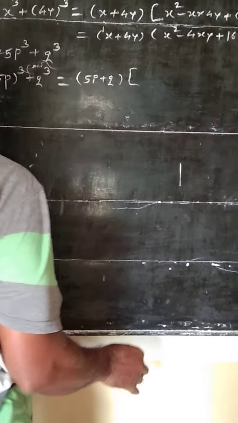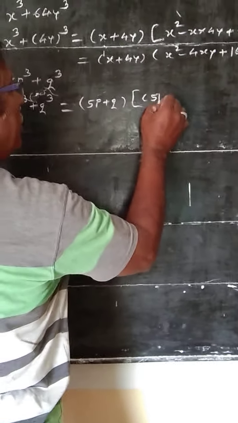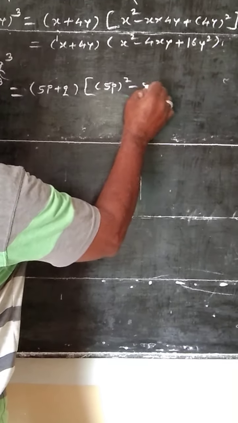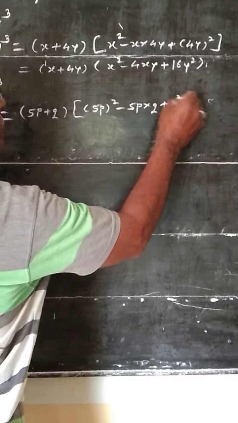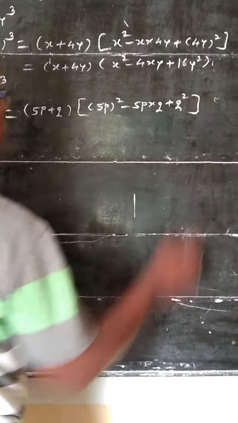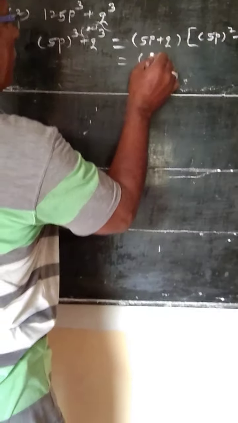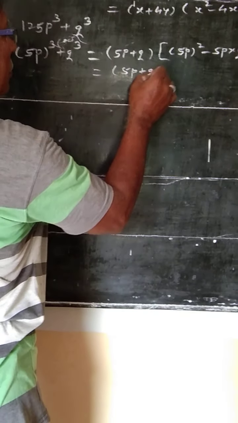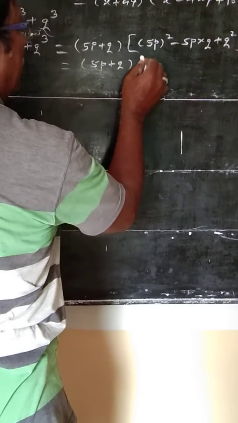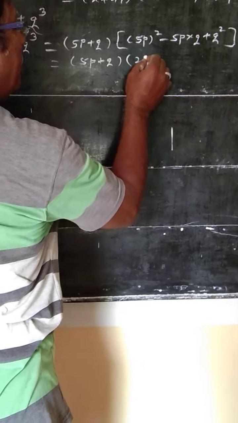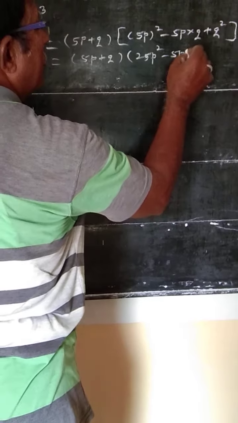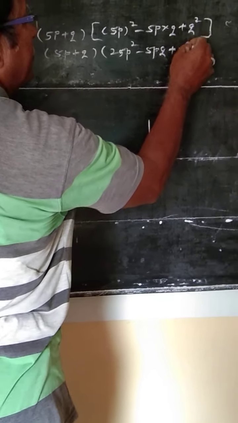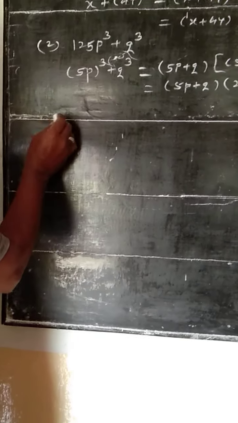In the square bracket, the first term square, (5p) bracket square, minus 5p into q plus q square, the second term square. Square bracket complete. Again 5p plus q, the square of 5p is 25p square minus 5pq plus q square, and these are the factors of 125p cube plus q cube.